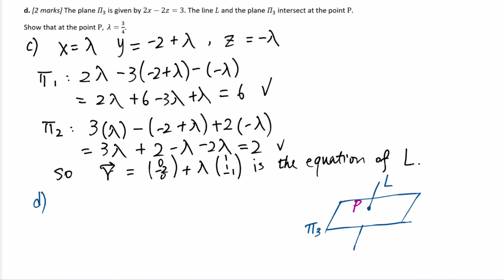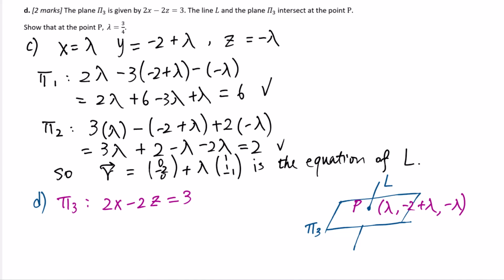Since P is on line L, we can write down the coordinates using this parametric form: (lambda, -2 plus lambda, negative lambda). Then we do the substitution. We know π3: 2x minus 2z equals 3.